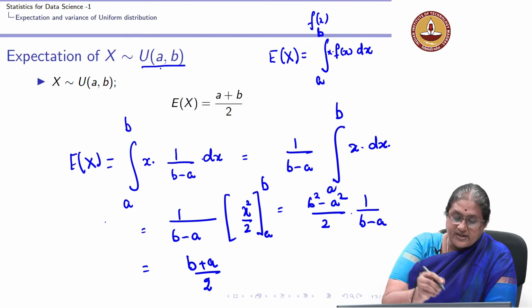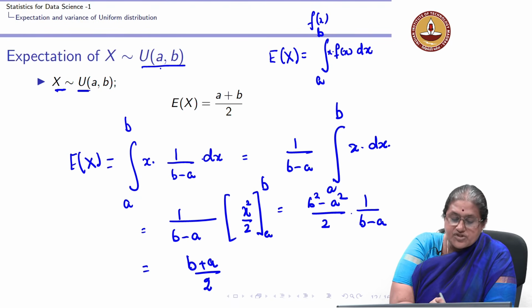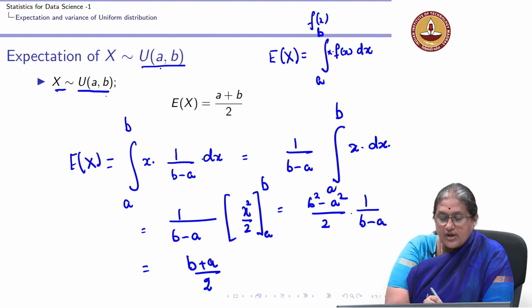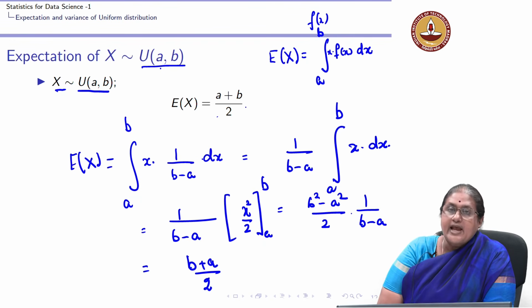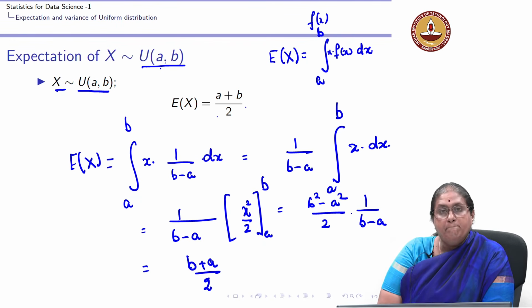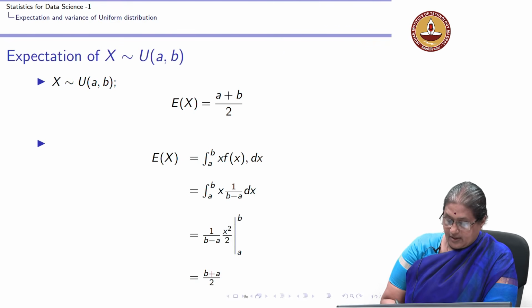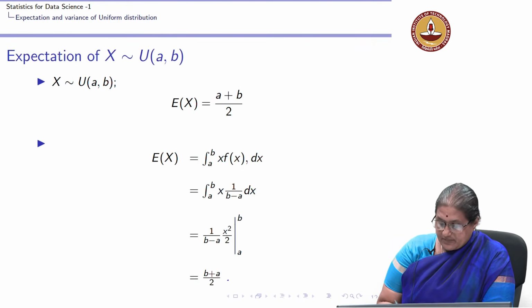So, the expectation of a random variable uniformly distributed over a and b is (a plus b) by 2.